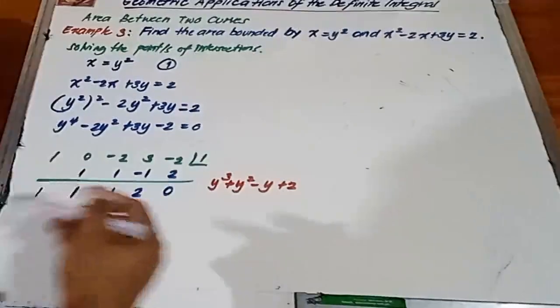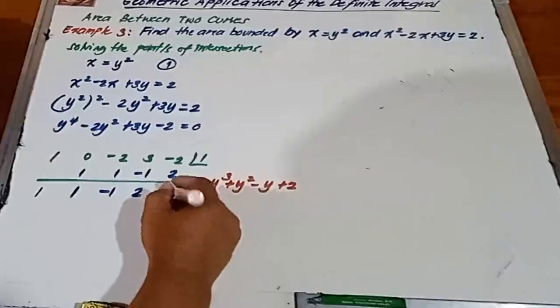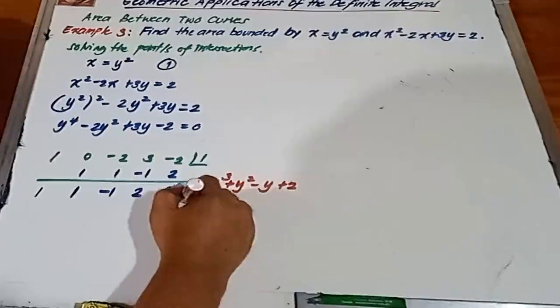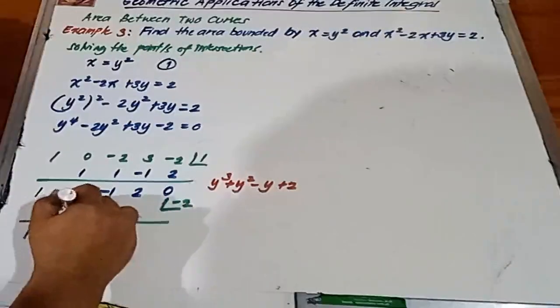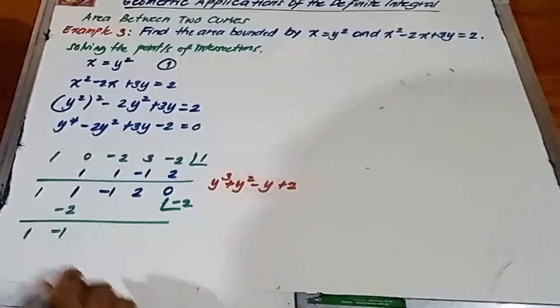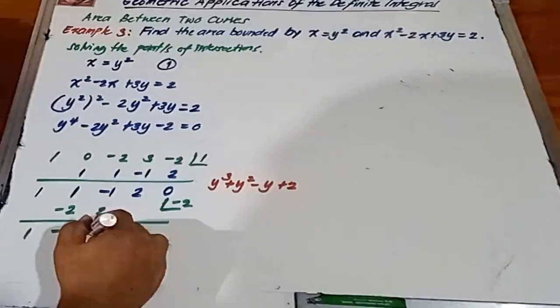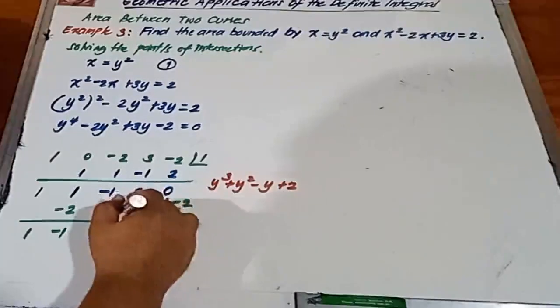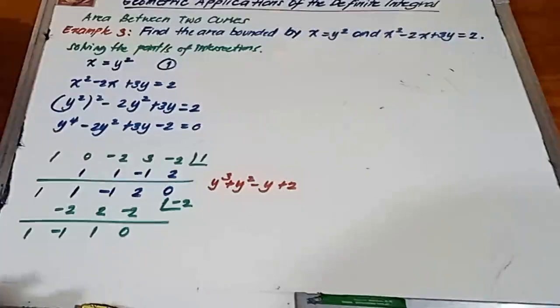So, negative 2 from here. Negative 2. Bring down 1. 1. 1 times negative 2 is negative 2. Negative 1. Negative 1 times negative 2 is positive 2. That is positive 1. 1 times negative 2 is negative 2. 0. Tama rin.